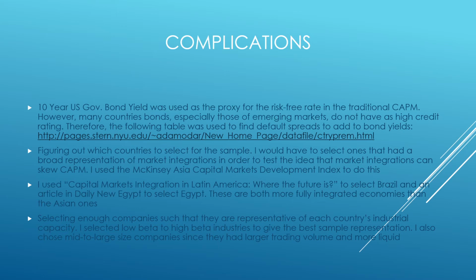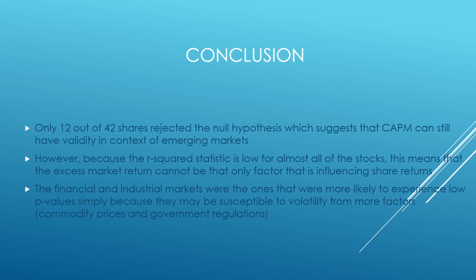I chose countries that had lower levels of market integration, like the Philippines, India, and China, in ascending order. And then I chose countries that had higher levels of market integration, like Egypt and Brazil, based on other literature, which is stated here. And I also chose mid to large size companies because they had a larger trading volume and they were more liquid.